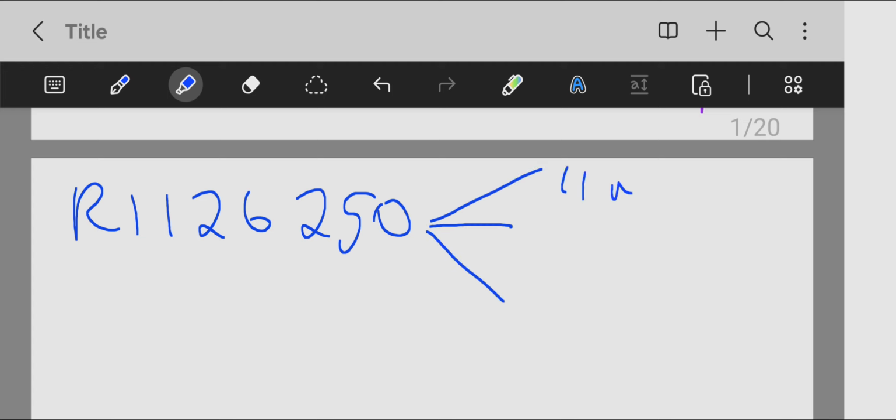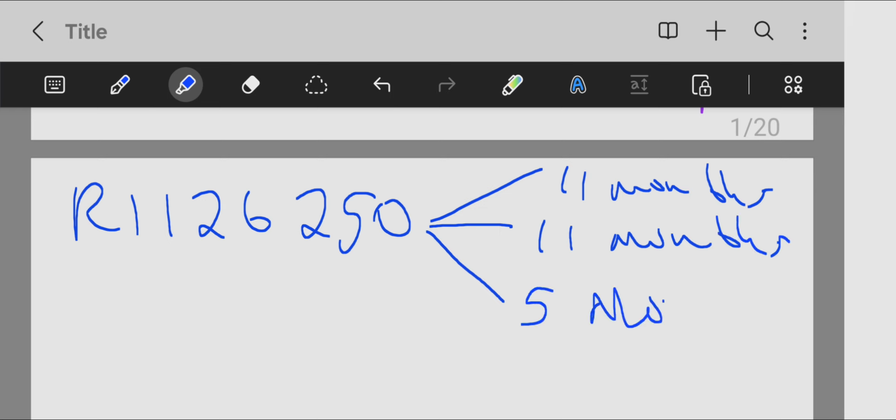One has been paid 11 months. The other has been paid 11 months as well. The other has been paid 5 months. All those amounts are included here.